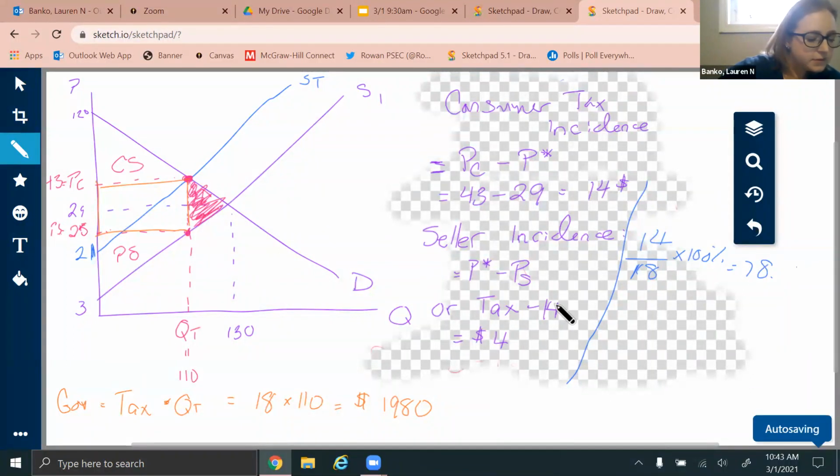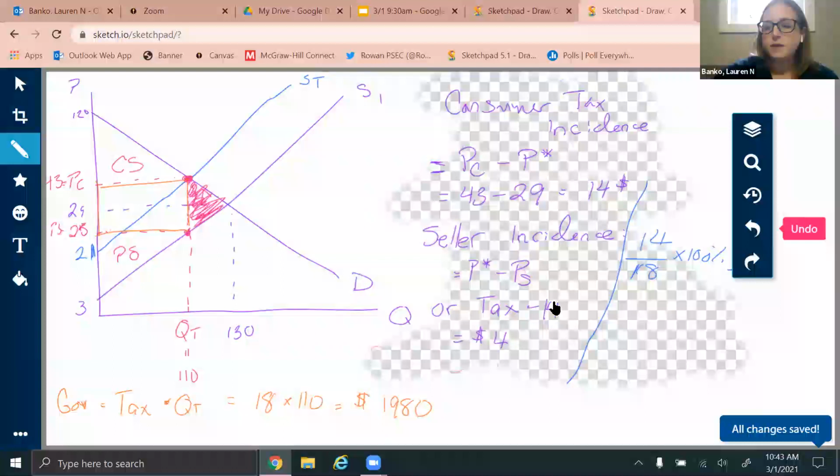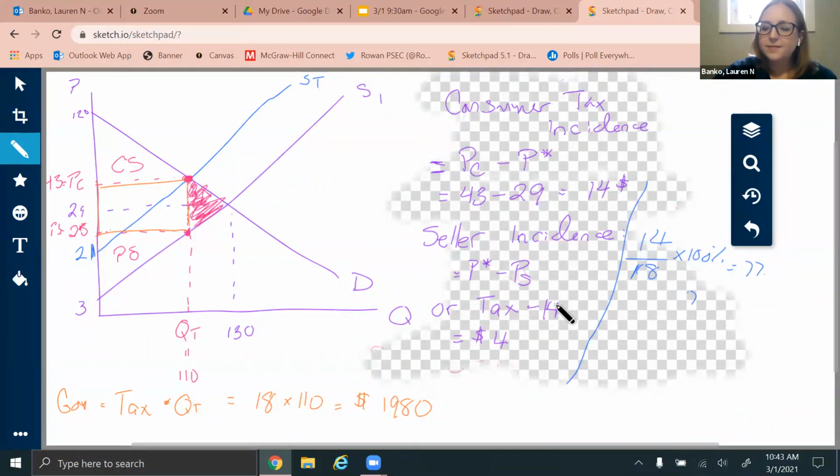And this should give us 77.78%. So of the total tax, buyers are paying 77.78%.